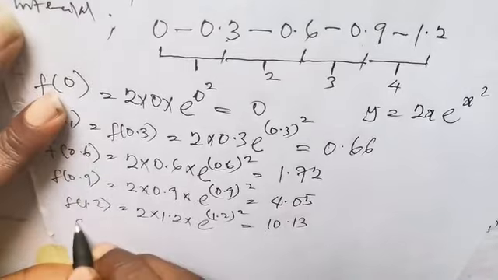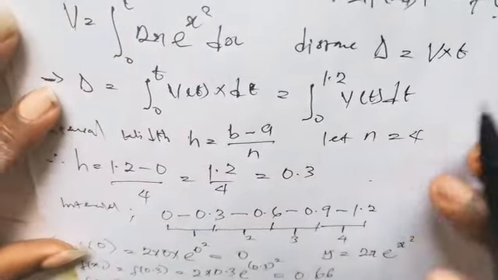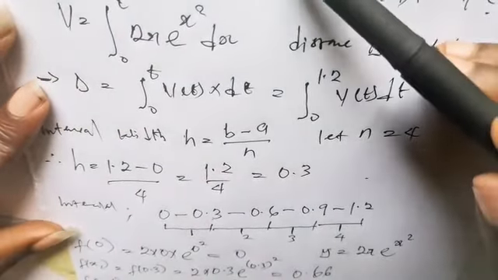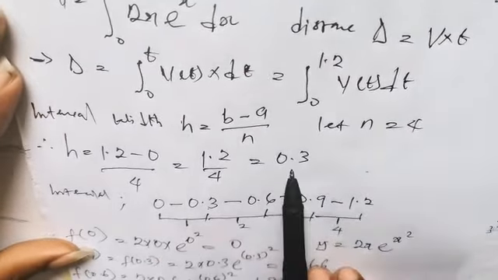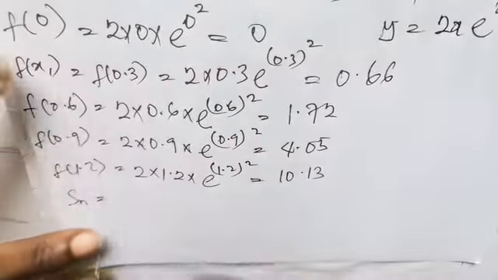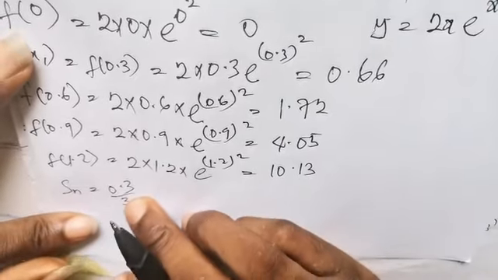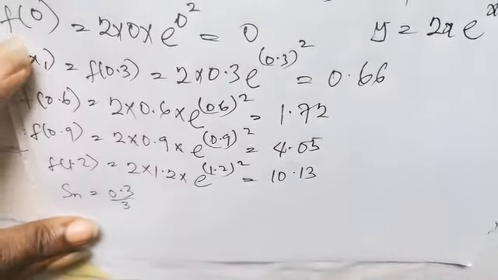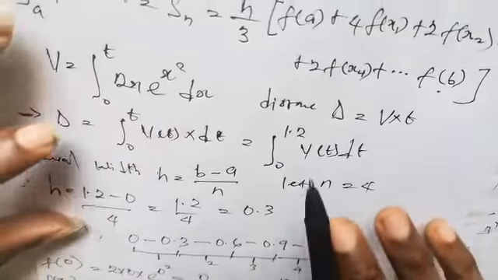From Simpson's formula, Sn is equal to h over 3, where h is the width interval given to us here as 0.3. So this becomes 0.3 divided by 3, multiplied by, remember the formula, first f of 0.